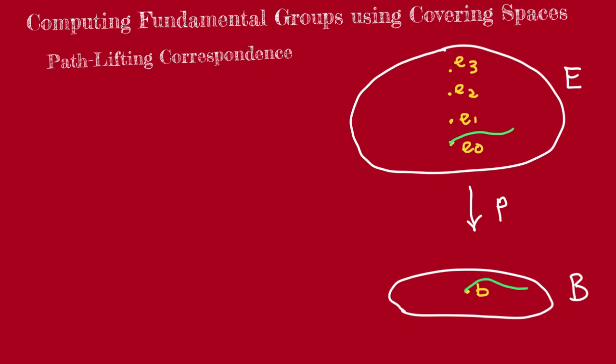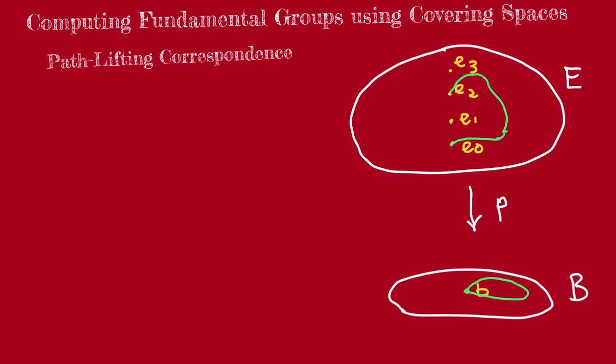Well, let's look at how the loops in B lift up to E. Okay, so let me draw this green loop. How would it lift? Well, it will lift to some path starting from e_0, but where would that path end? Wherever it ends, the image of the endpoint must again be b, so it must end at another point in the fiber. So maybe say e_2. This gives us an interesting idea. We can think of the loops almost as points in the fiber.